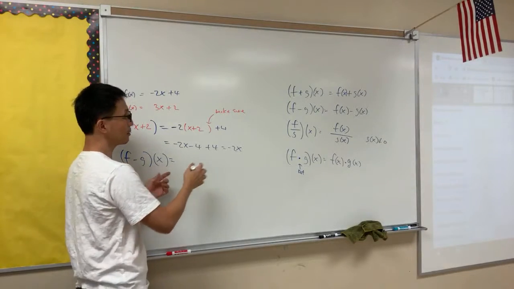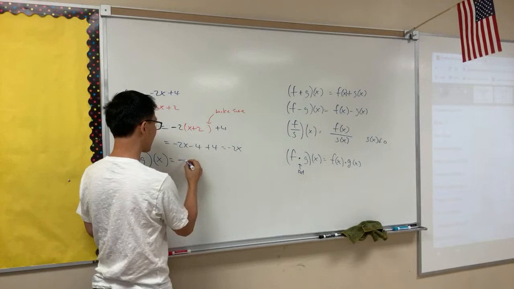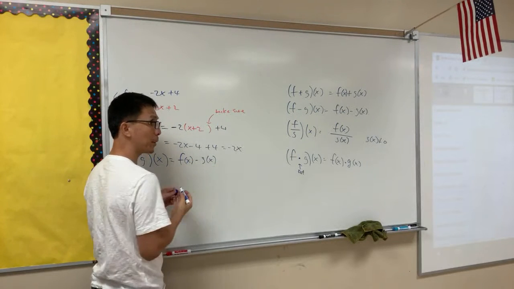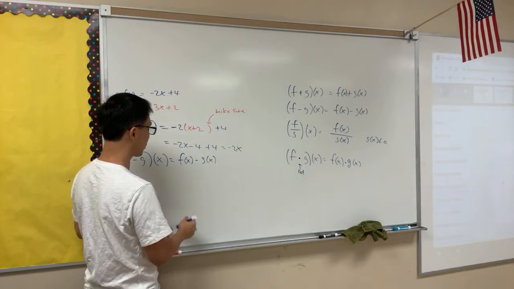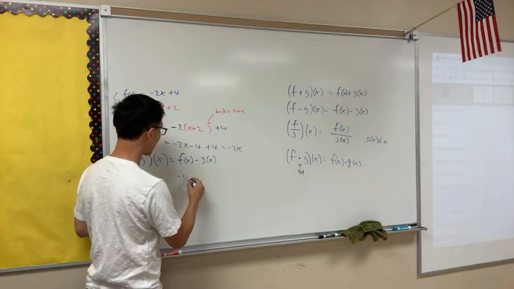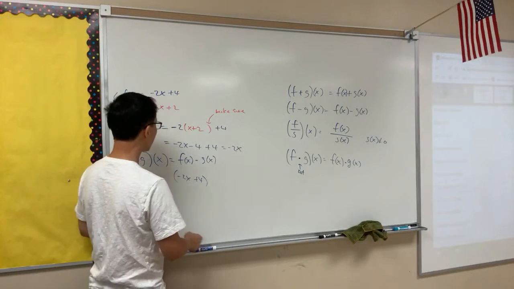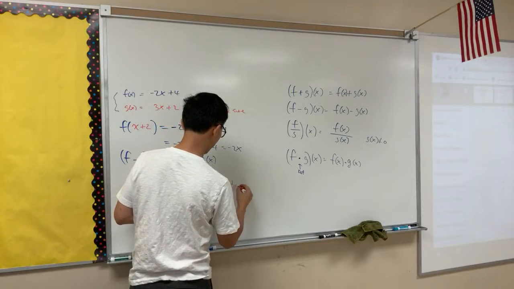So this means this, right? F of x minus g of x. Is that difficult? No, I just write it down. So f of x is blue, so it's going to be negative 2x plus 4, in parentheses. And then the other one is 3x plus 2.